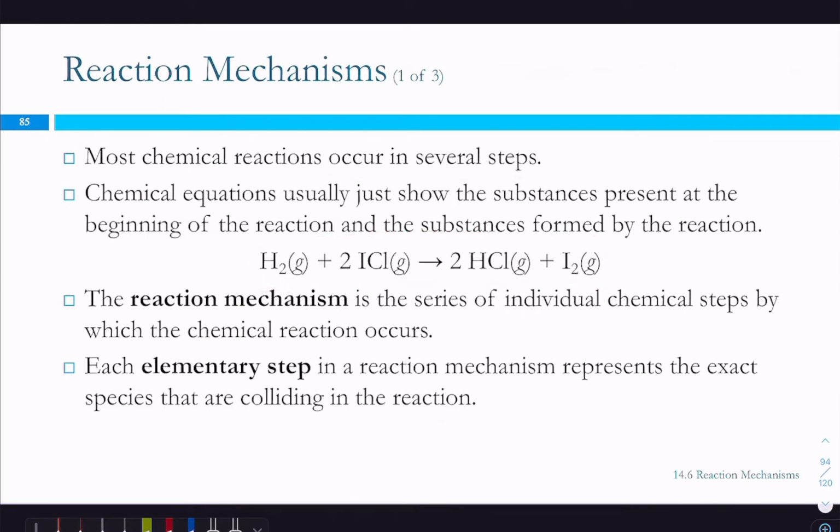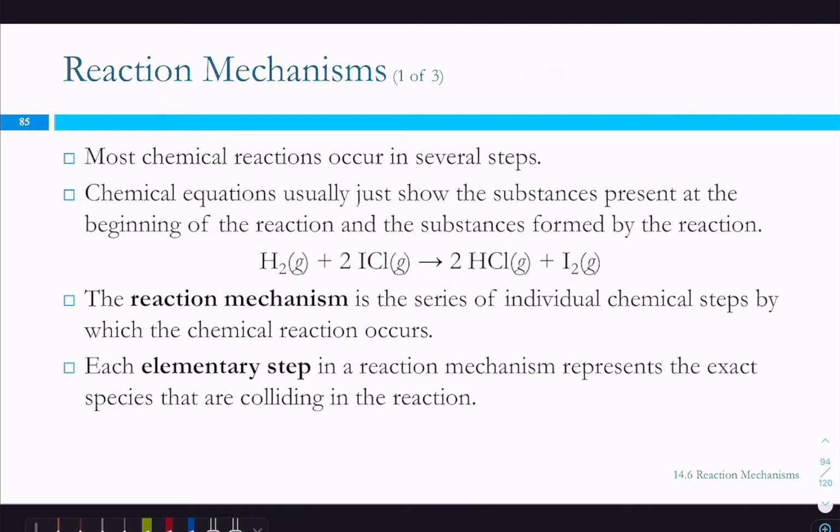Because the overall reaction is we put these two in the flask, and then this is what comes out. There might be, can be, and very often are, intermediate steps. So something else happens first, that creates an intermediate, and then that produces the products.